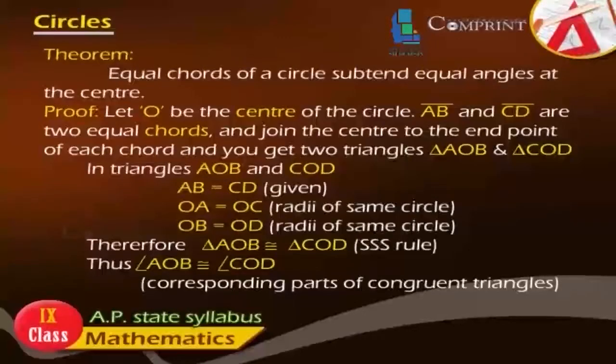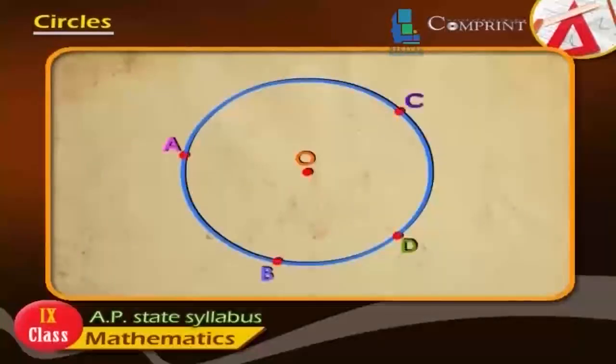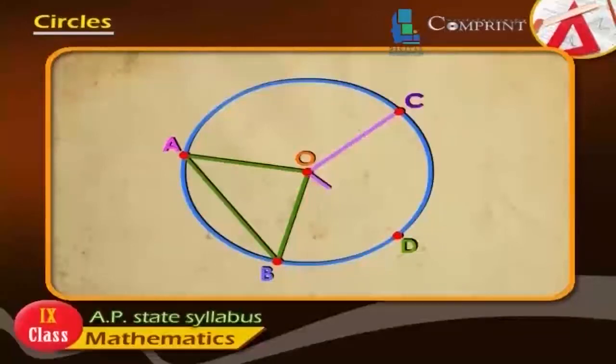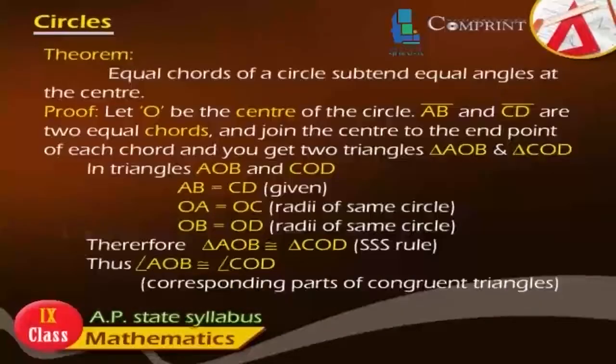Theorem. Equal chords of a circle subtend equal angles at the center. Proof. Let O be the center of the circle. Line AB and line CD are two equal chords. Join the center to the end points of each chord, and you get two triangles, triangle AOB and triangle COD.